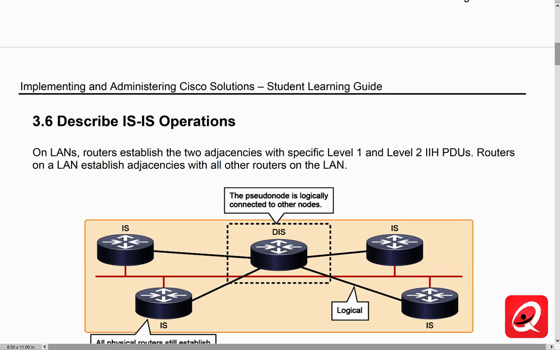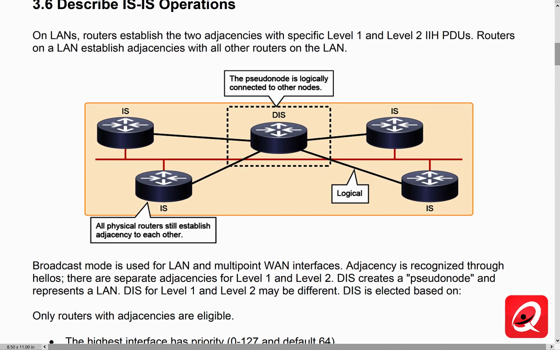All right. So the next thing we'll talk about is basic ISIS operations. One of the things I had mentioned briefly in our previous discussions of ISIS was this idea of what is a PSNP and what is a pseudo node.